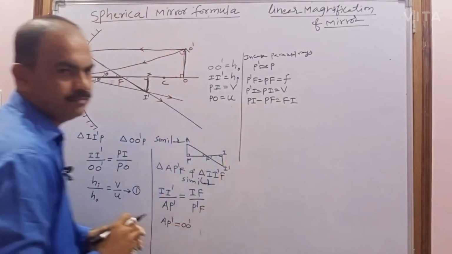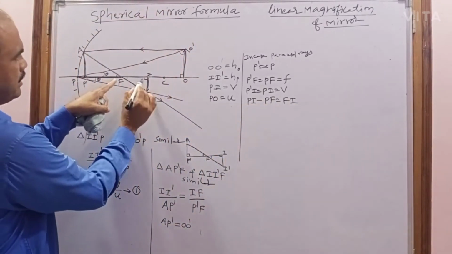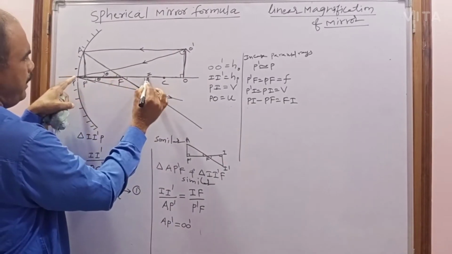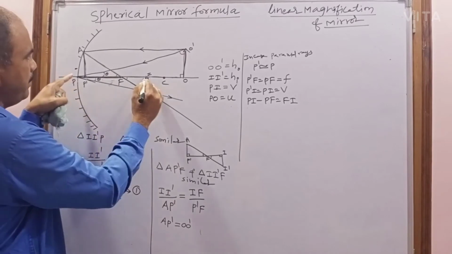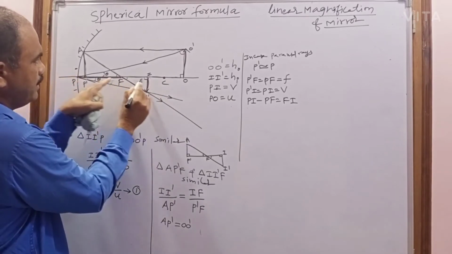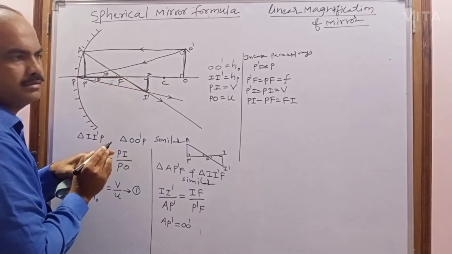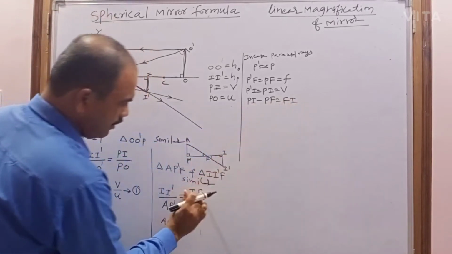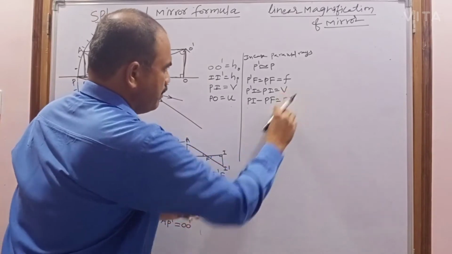Are you following? So I am writing this IF distance in terms of the image distance and focal length. From the image distance, when we subtract the focal length, you get the IF distance. So PI or FI will be the same. That's why I am writing IF.